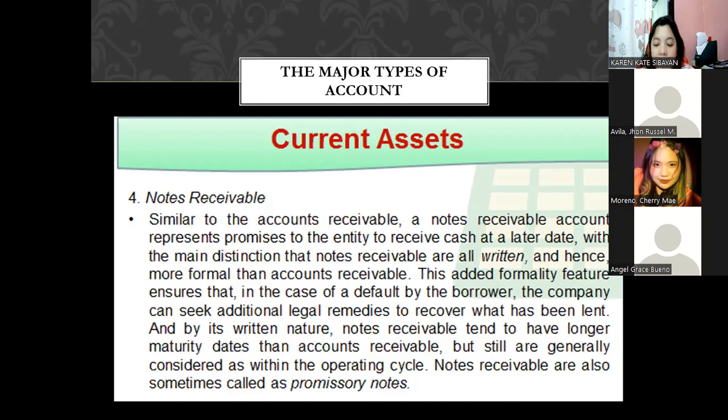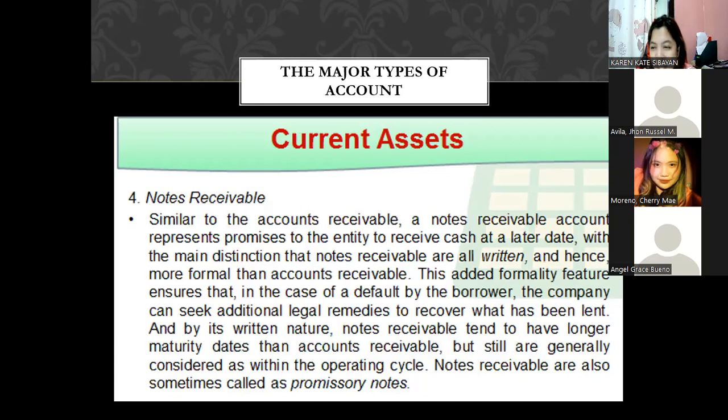Meaning, every time na papasok ka sa isang contract or agreement, make sure to have a written one na signed by both parties. Okay? And meron kayong witness, kung pwede pa nga, ipa-notaryo sa abogado. So, para sa ganon, you have legal remedies to recover whatever na pinahiram mo.